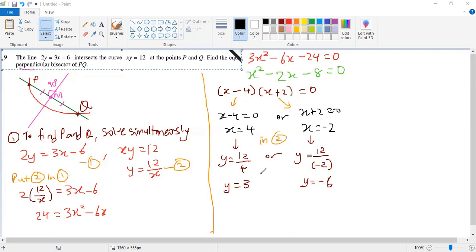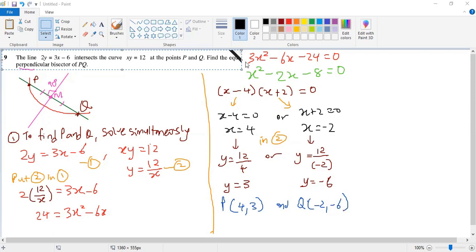It doesn't matter which you call x and y; it's just a representative diagram, not matching perfectly. So P is (4, 3), and Q is (negative 2, negative 6).